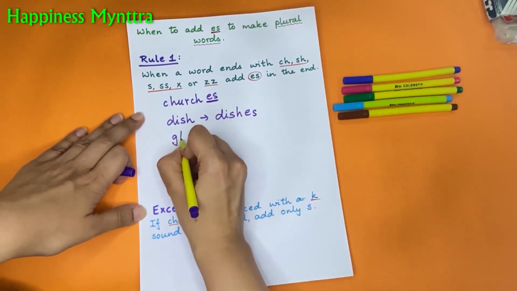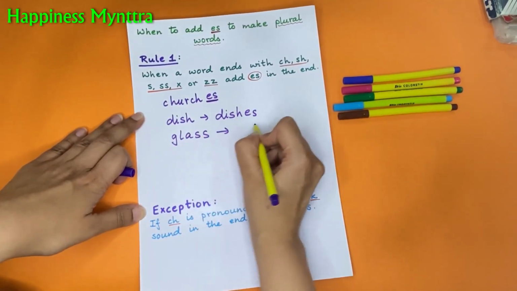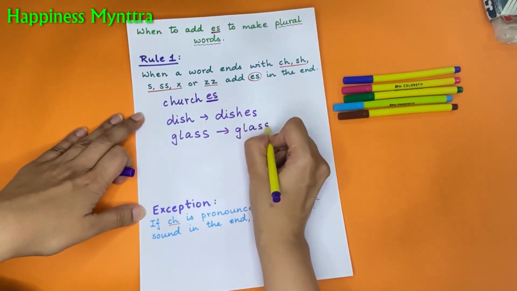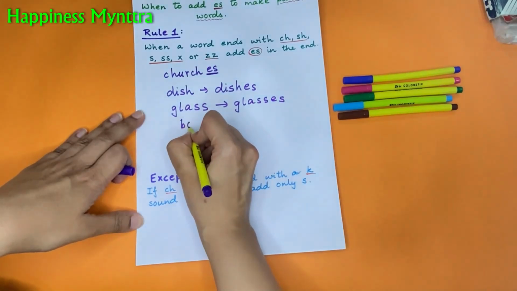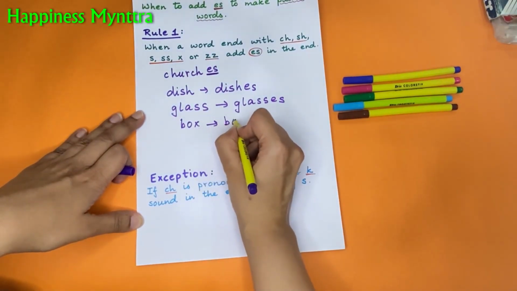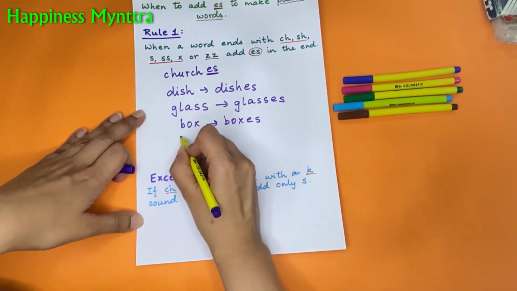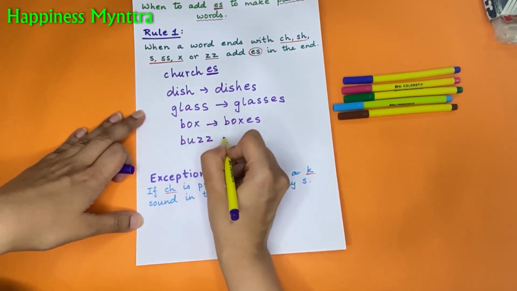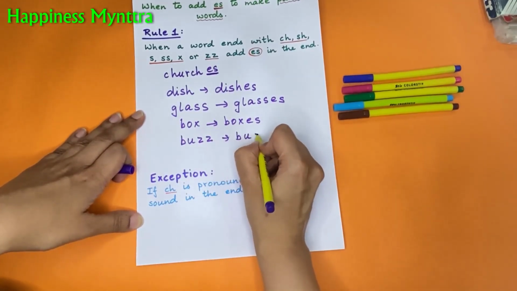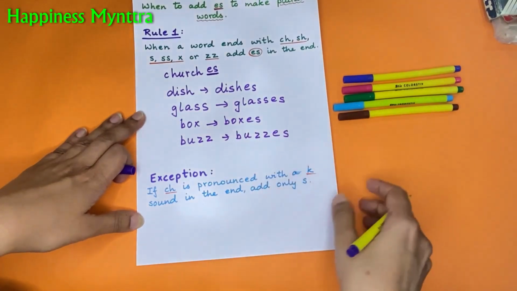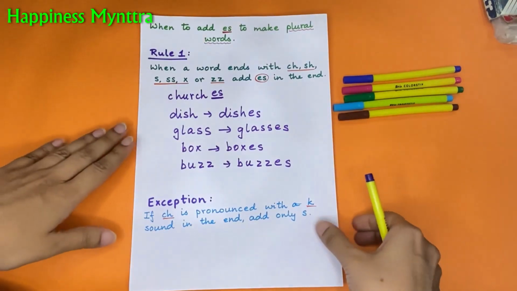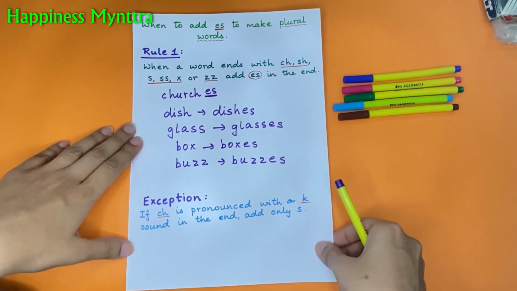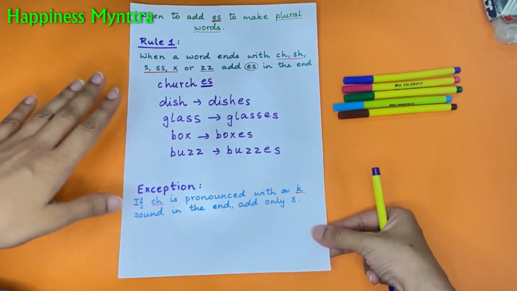Similarly, we can have glass and change it to glasses. We can have box changed to boxes. Buzz, which is the sound made by bees, buzzes. So these are some examples, and of course there are myriad words which follow this particular rule. So you can just go ahead and try a lot of combinations with the children.